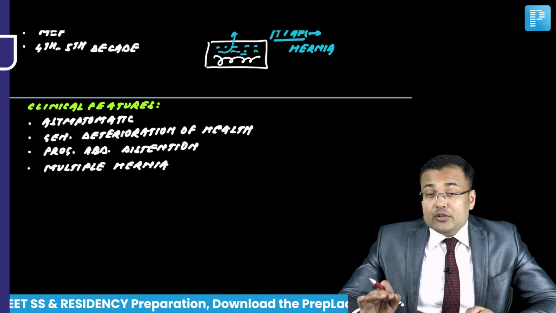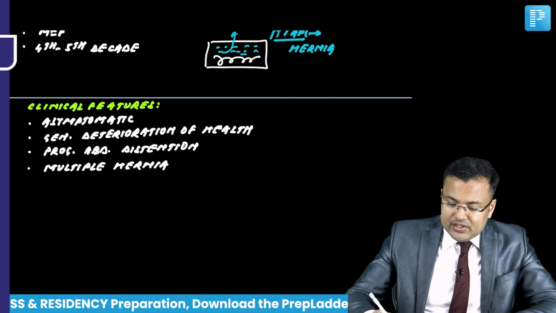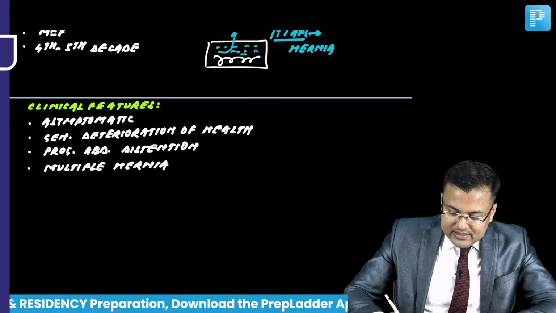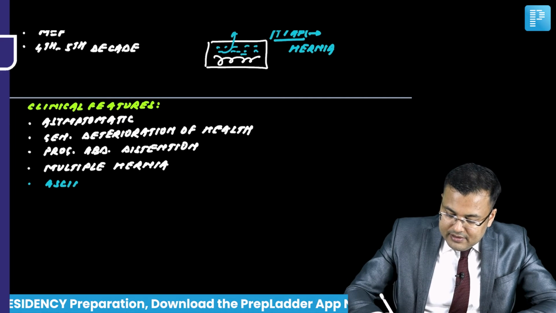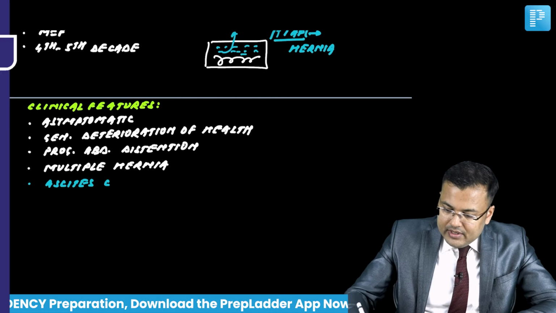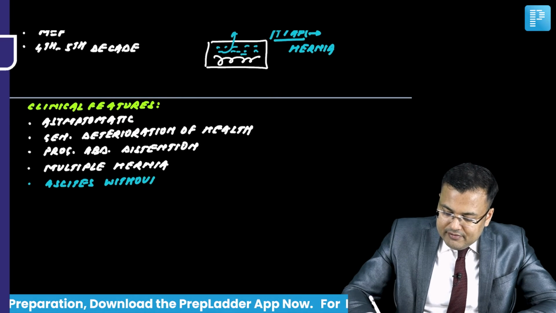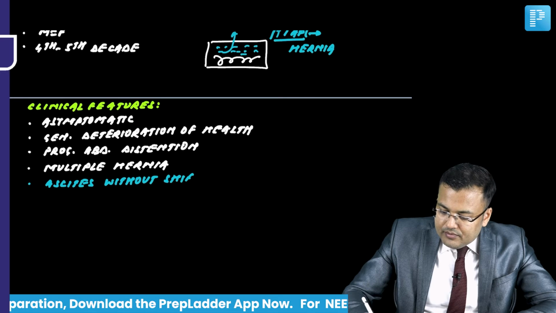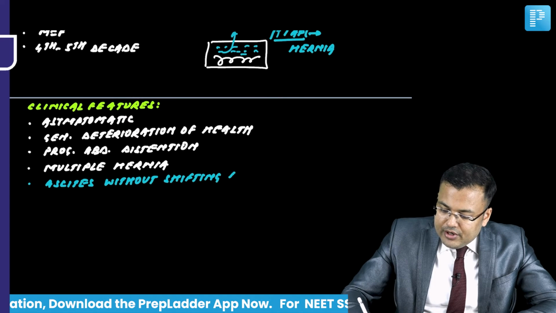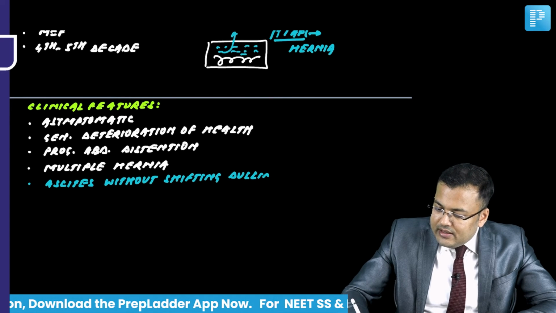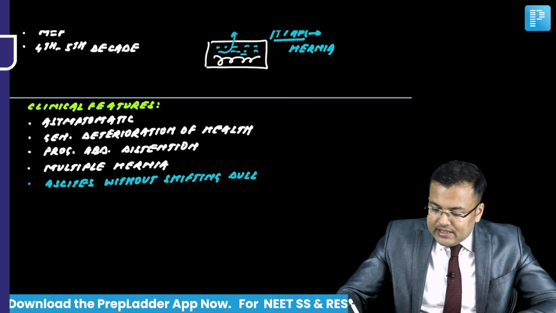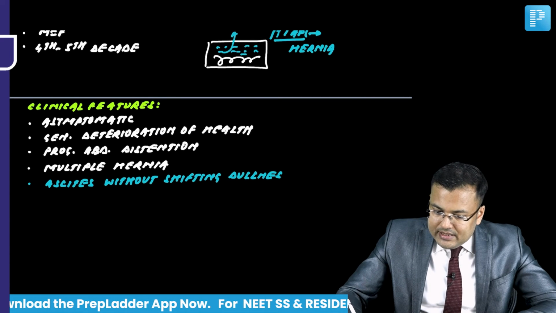But here there is no shifting dullness. So the characteristic feature is that these patients have ascites without shifting dullness. It's a question. Why? Because here the cause of ascites is a semi-solid, jelly-like substance.